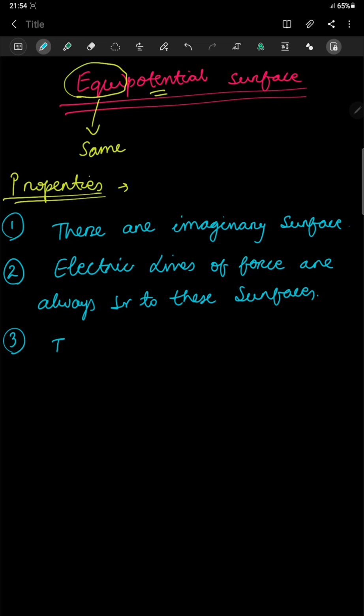The third point, two surfaces cannot intersect. What is the reason?